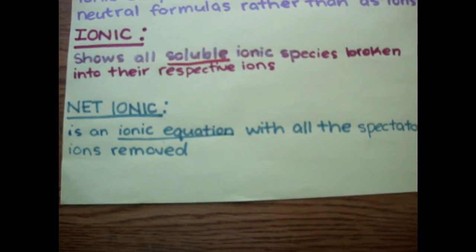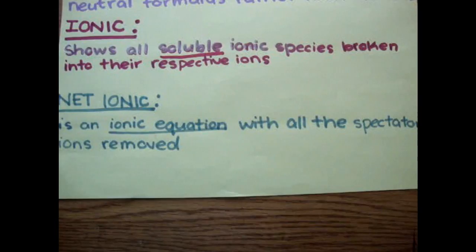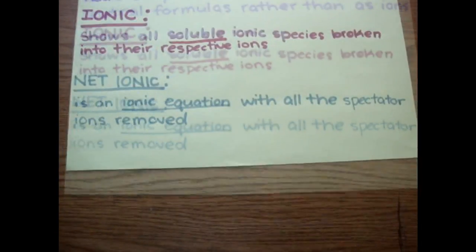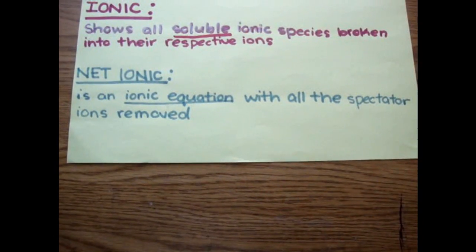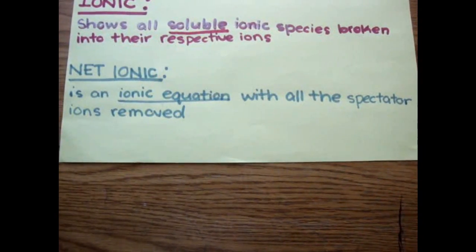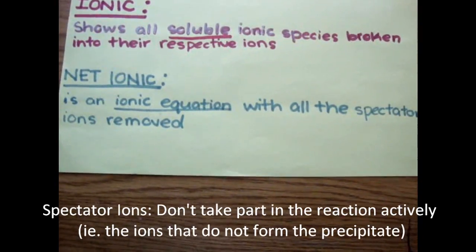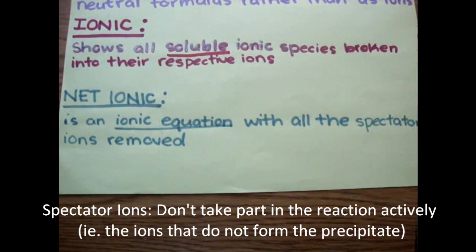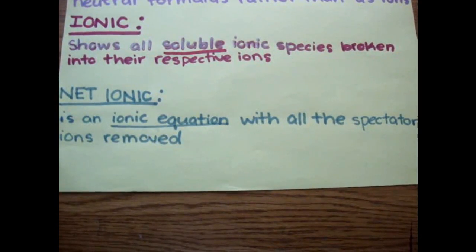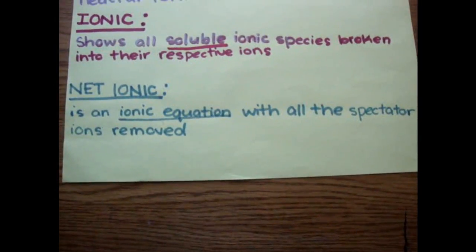And a net ionic equation is an ionic equation with all the spectator ions removed. And what spectator ions are, they are ions that don't take part in the reaction actively. So they show up on both the product and the reactant side, and they cancel each other out.